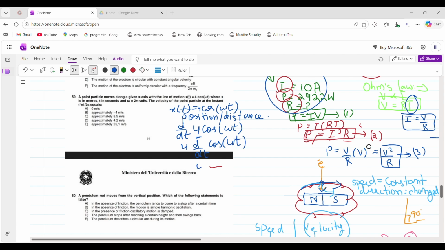Now see, if you take the derivative of cos, it's basically what? It's minus sine. So minus sine, the function of the sine would be omega t, the same. You'll not stop here, but you'll take the derivative of this function as well, omega t.